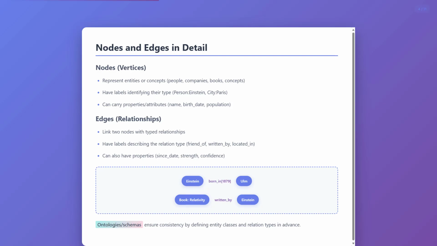Edges are where the magic happens. They're not just connections. They're typed relationships with their own properties. A born-in relationship might have a date property, or a friend of relationship might have a since date indicating when friendship began.